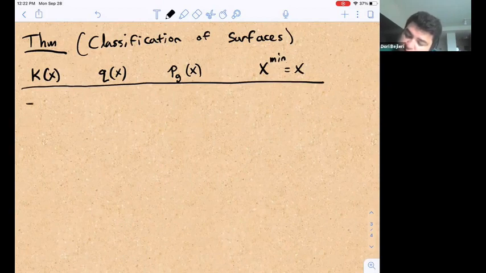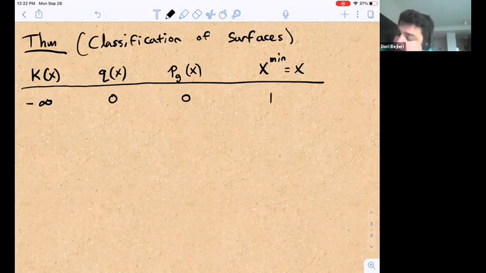So in Kodaira dimension -infinity, if we have irregularity 0 and genus 0, then the minimal model is P2, or a minimal surface. I shouldn't call it a minimal model.